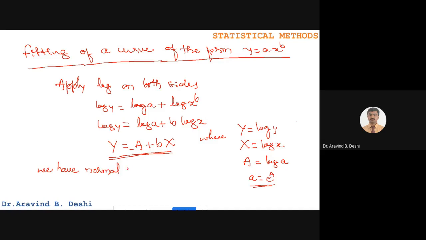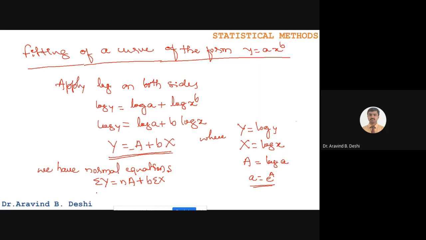Take the summation first: summation capital Y equals n into capital A plus b into summation of capital X. Then in place of small x we need to multiply capital X, because this is the independent term.